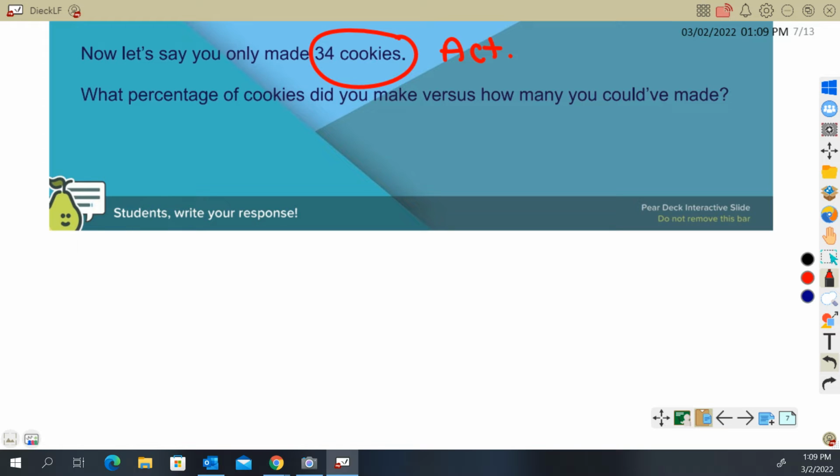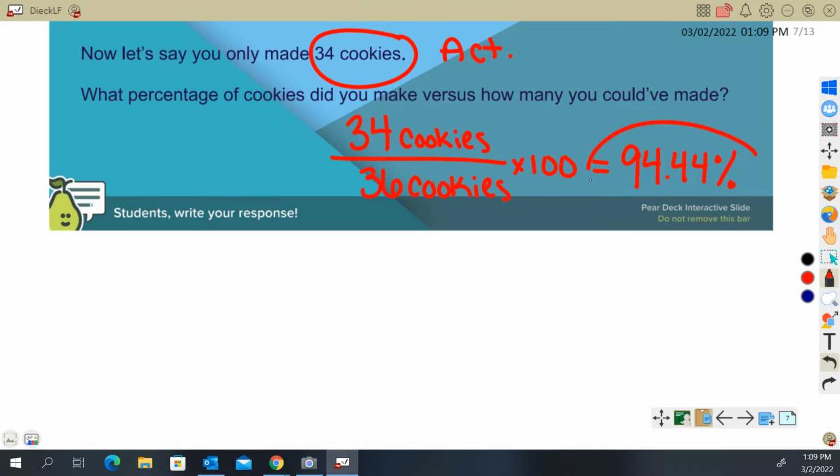So we're going to take our actual yield, which is 34 cookies, and divide that by 36 cookies, and multiply that number times 100. And when you do that, you get 94.44%. So making your cookies, you are 94.44% accurate in making the exact amount of cookies you could have made.